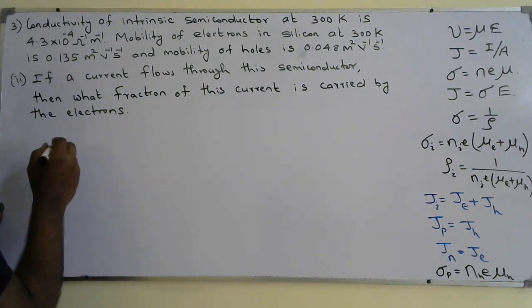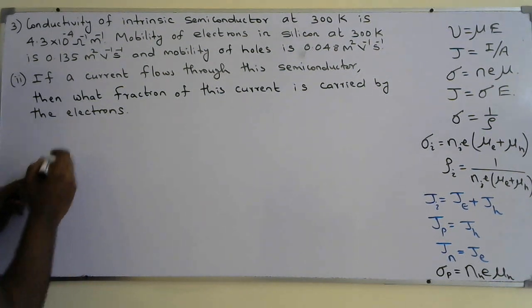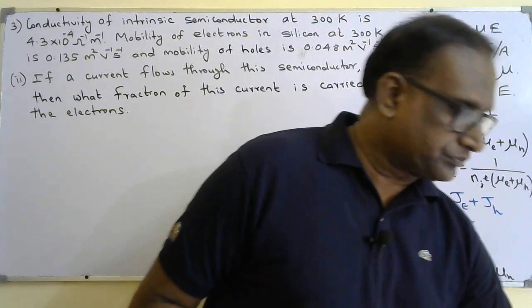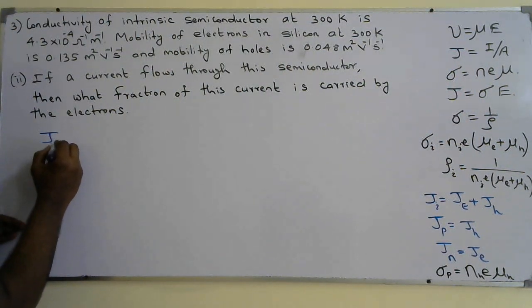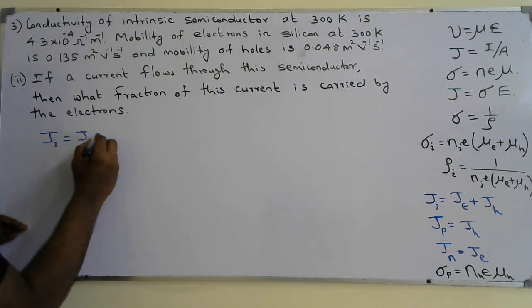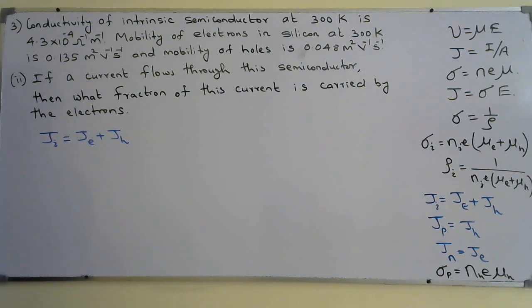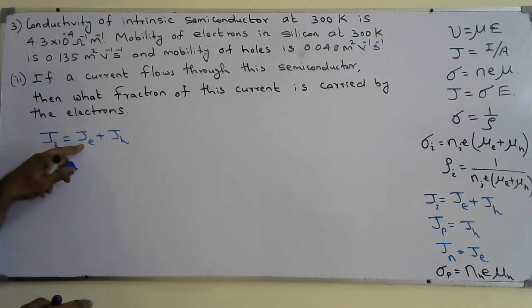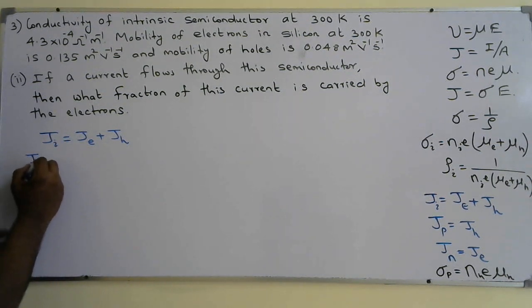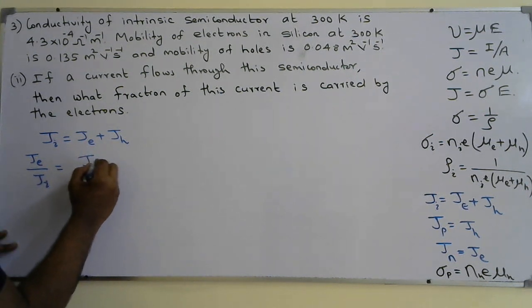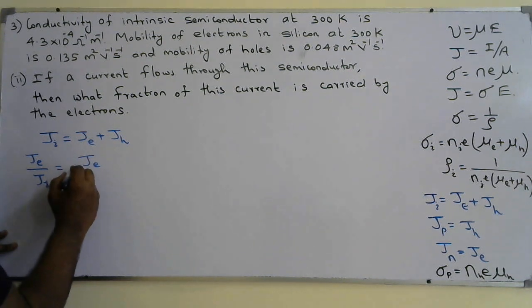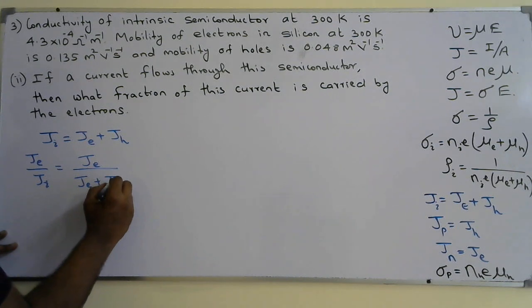So we know that the current density of the intrinsic semiconductor Ji is equal to Je plus Jh, and we need to find the fraction of current carried by the electron. So we need to find Je over Ji, which is Je over Je plus Jh.